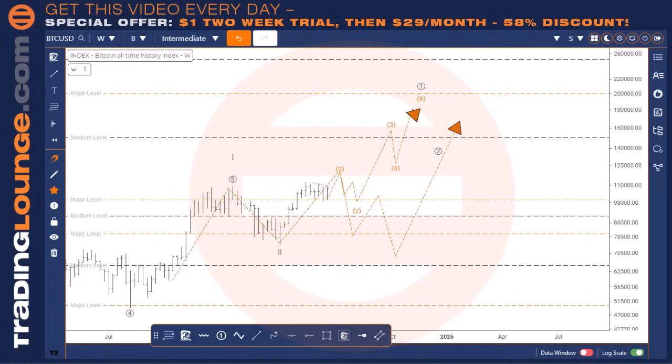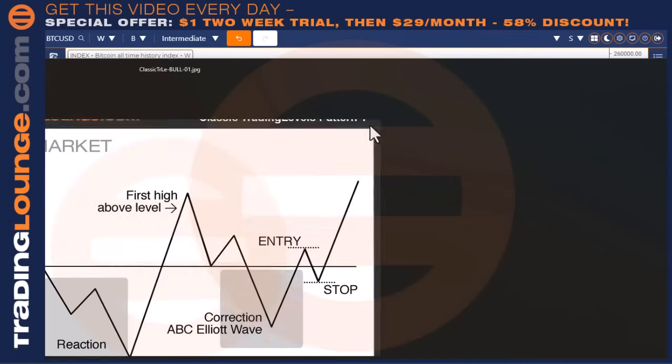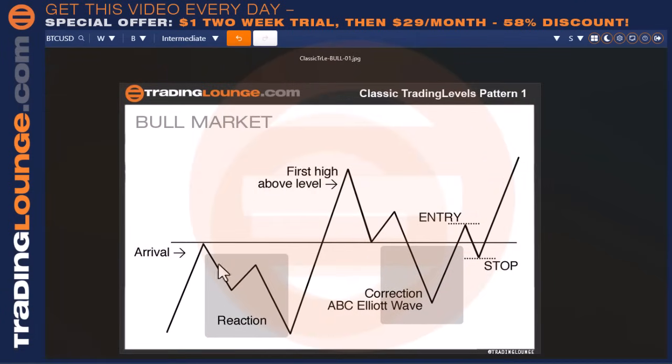That would be just the normal classic trading levels pattern, where we have the arrival, which we've got, the reaction, and then we have 5 waves moving up to 120, 130, as I call them, so 130,000. It can go higher than that as well, but it's about developing support. If it develops support on 130 here, then it won't come back here at all.